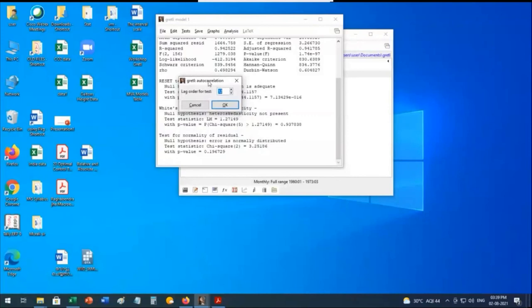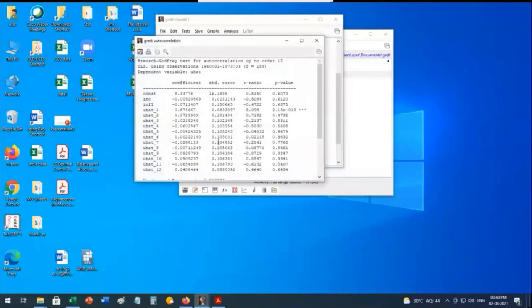That is for 1 year. If we have annual data, then Gretl will use a lag order of 1. If we have quarterly data, then Gretl will use the order as 4, and so on. Anyway, we can use this 12 as such. So we click OK, and here we have the result.